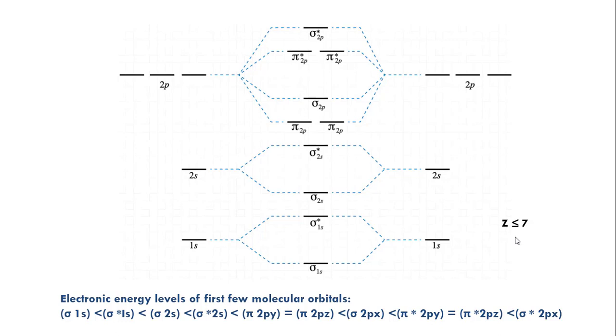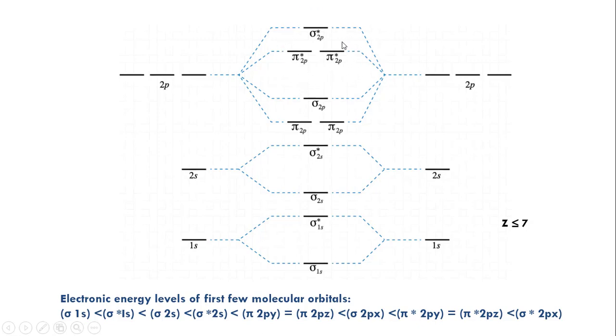For these elements, the bottom part of this diagram is altered: the sigma 2p orbital becomes a more stable molecular orbital, and the pi orbitals of this molecule become higher in energy than the sigma 2p. So only this part is altered after atomic number 7, and this part remains as it is.